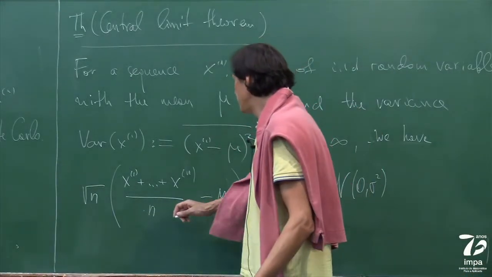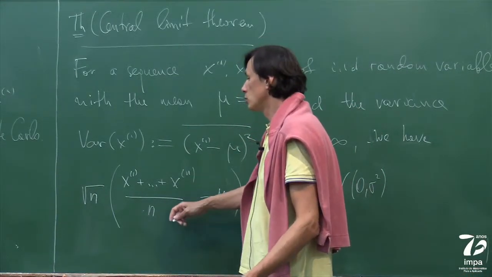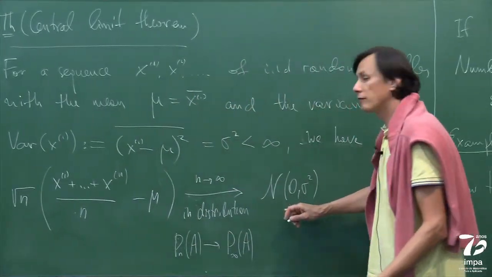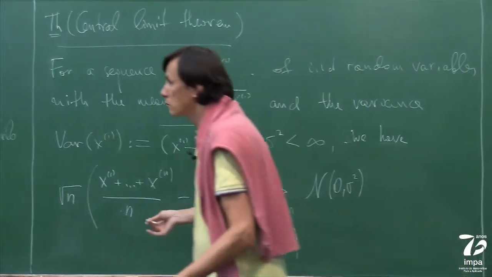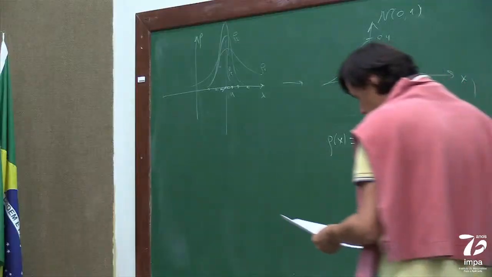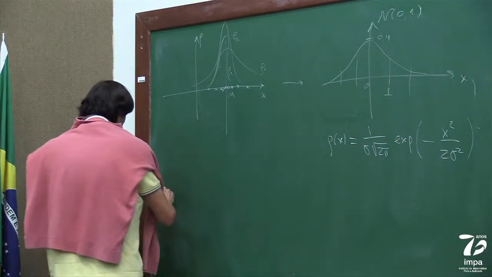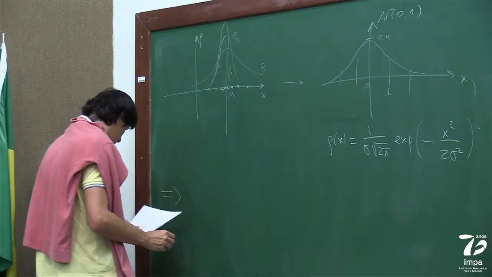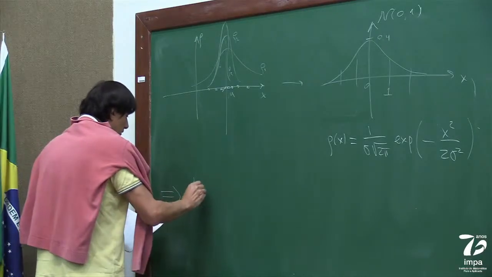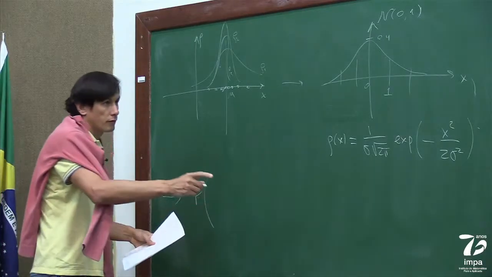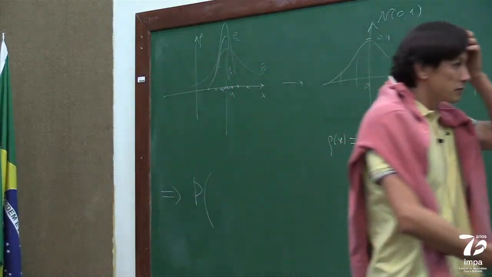So the probability of having this smaller than something is the same as the probability of having this smaller than something in the limit.